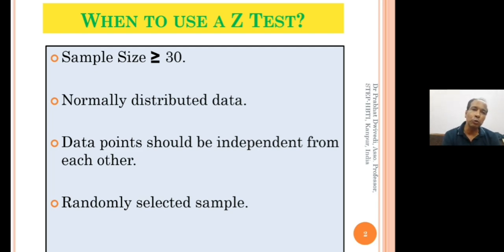Or if there are two populations or two samples, those should be independent of each other. And last but not the least, samples should be randomly selected. Those are the conditions of Z-test we would like to meet when we are going to apply any kind of Z-test.